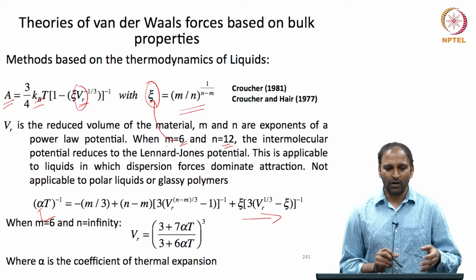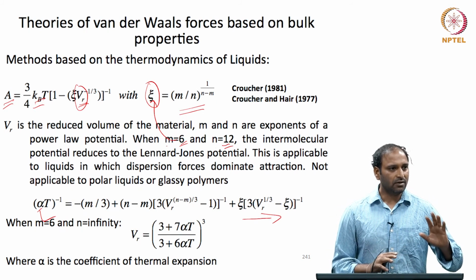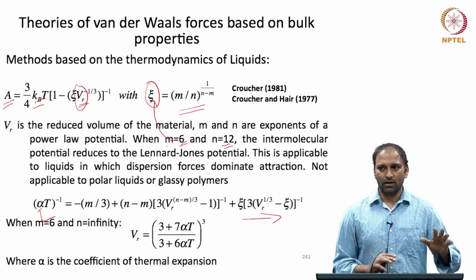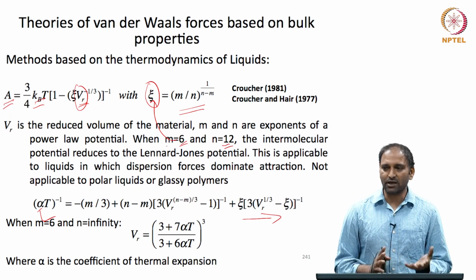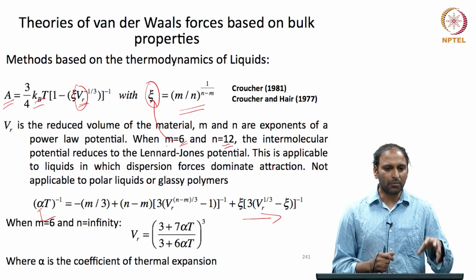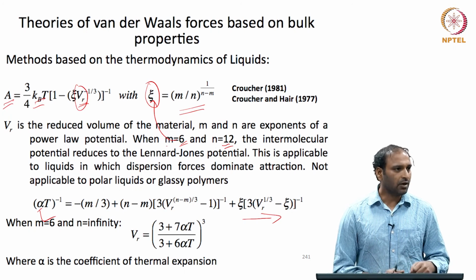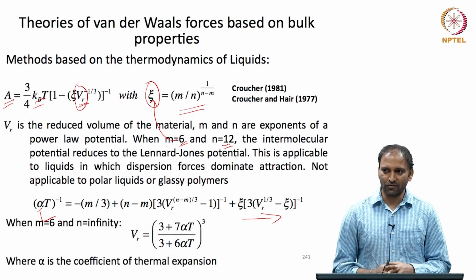So, therefore, there are various theories available where I can relate the Hamaker constant to measurable properties, and depending upon the materials that I am working with, I should be able to go back. Of course, some approaches are more suited for liquids, some are more suited for polar liquids, some are more suited for other kinds of materials.